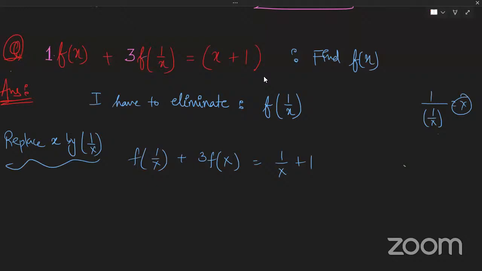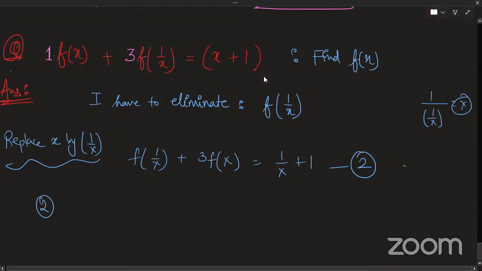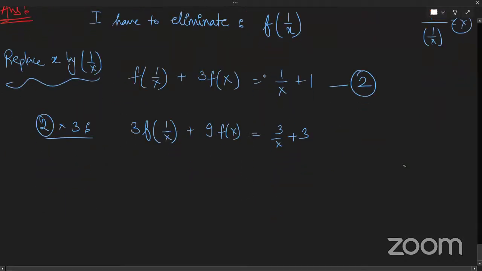So I have two equations. Now from these I have to eliminate f of 1 by x. So what can I do? I will multiply my second equation by 3. So it is basically 3 times f of 1 by x plus 9 times f of x is equal to 3 by x plus 3. Now I will subtract. Let me call this equation number 3. I will subtract equation 3 and 1.